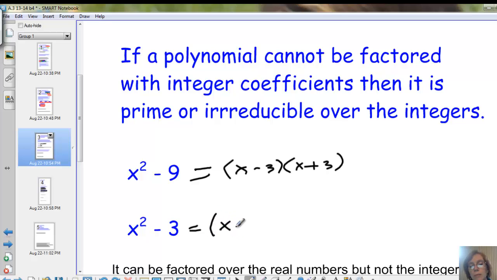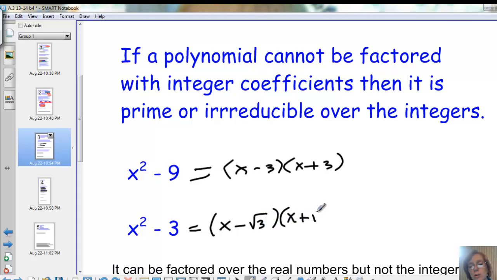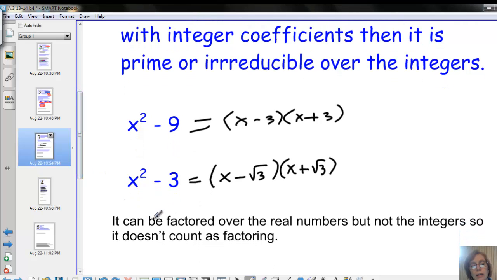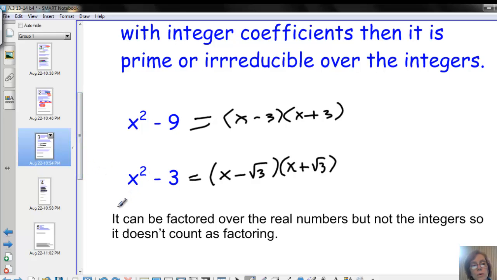For example, it can be factored into x minus square root of 3 times x plus square root of 3. But we won't really consider that factoring. It can be factored over the real numbers, but not over the integers. So for us, it doesn't count as factoring, and we would say this one cannot be factored.